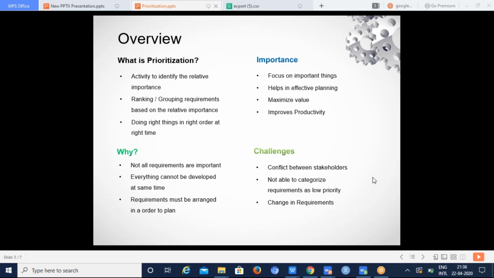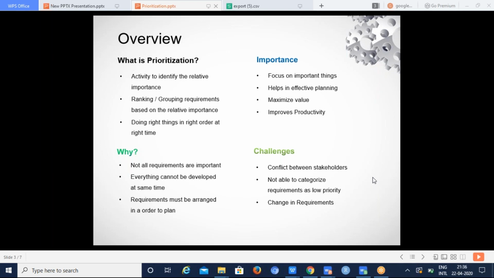There can be some scenarios where you will not be able to categorize requirements as low priority. Sometimes all the requirements shoot up as high priority requirements. In that case, we'll be confused about which requirement to prioritize and which not. There can be another scenario where we have started developing a requirement and changes come in.